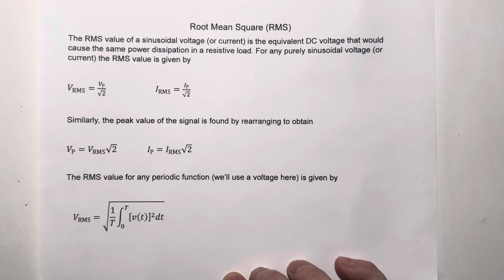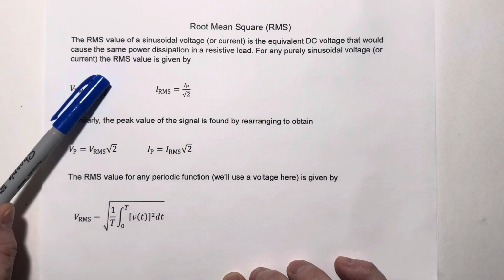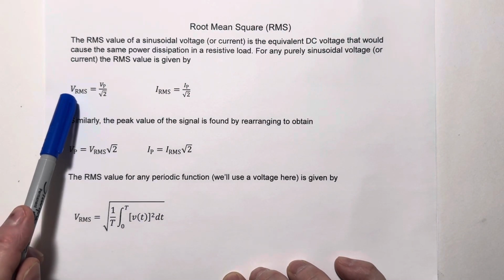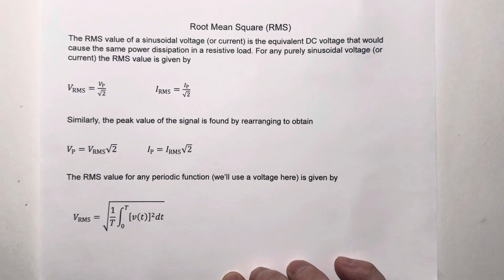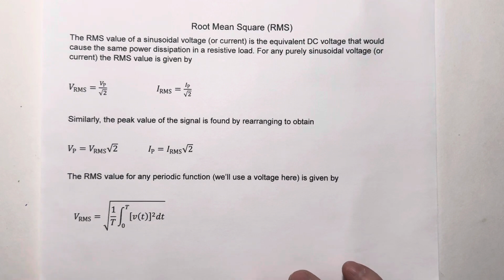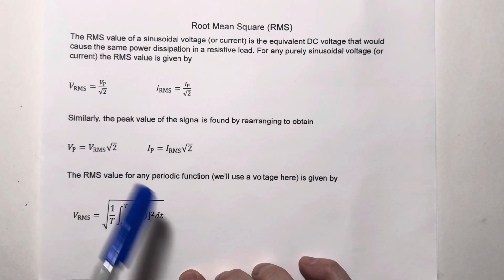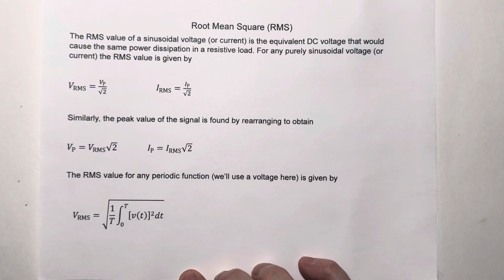For a purely sinusoidal voltage or current, the RMS value is the peak value divided by the square root of 2. So whether it's a voltage or a current, we divide the peak by the square root of 2, and we've got the RMS value. We can rearrange that to solve for the peak value. Given the RMS value, we just multiply by the square root of 2.